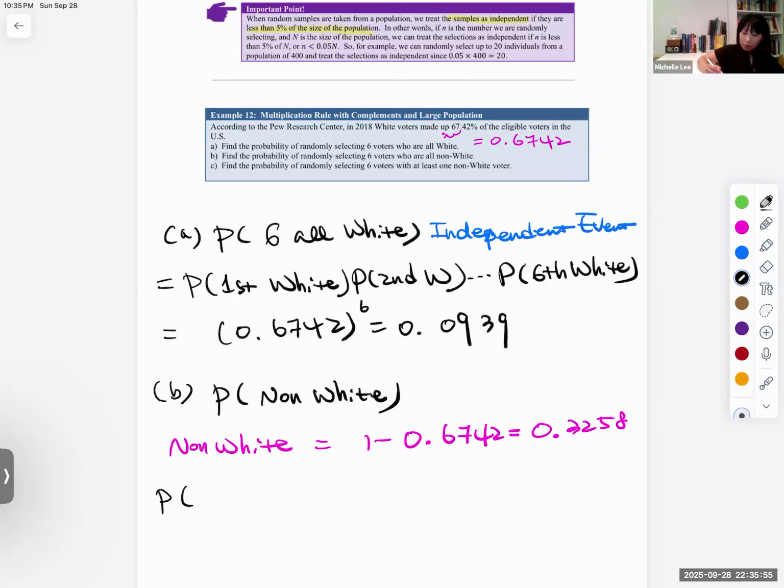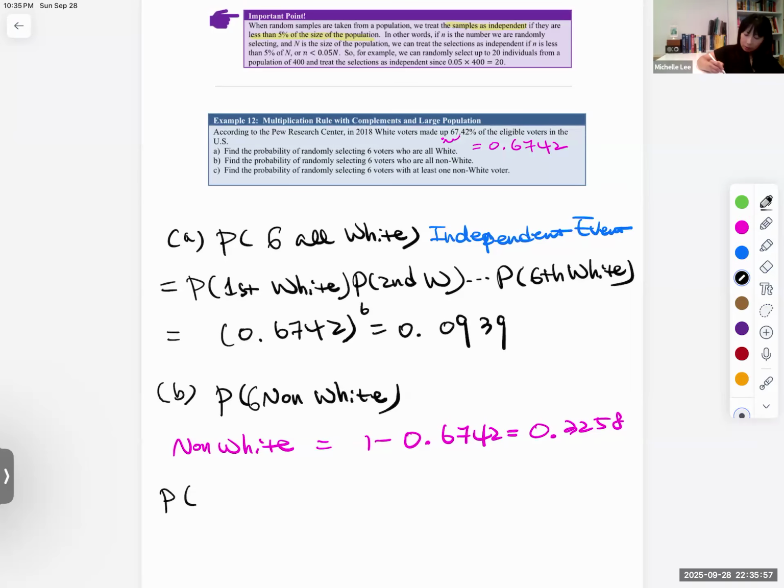Non-white over 6, right? 6 non-white. So first non-white, times the second, and 6 non-white, right?